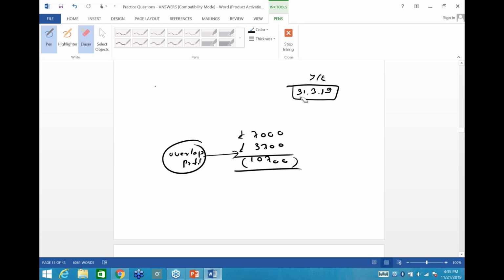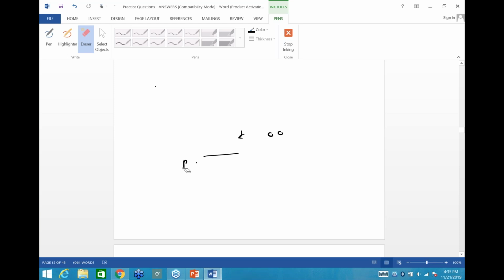Okay. So this terminal loss of 10,700, what can we do with it? We need to find out the trading profit for the last few tax years. Again, we have to apply the basis of assessment rules. Here we don't have a problem, because our period of account and the tax years are the same.